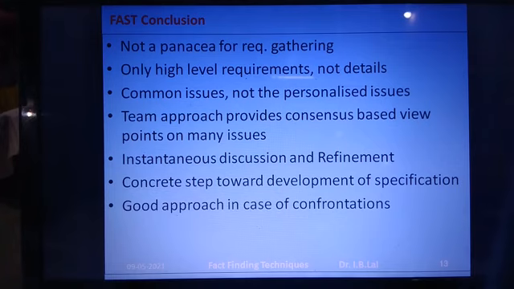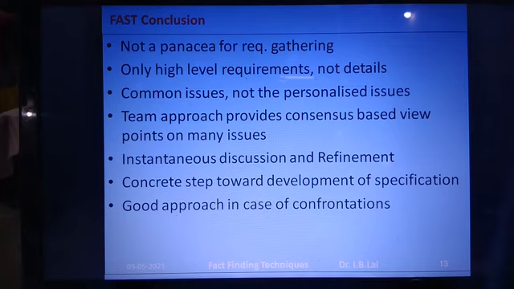In this meeting, only the common issues are discussed. No personalized issues are discussed. A team approach provides consensus-based viewpoints on many issues. Instantaneous discussion and refinement are also done in this meeting.